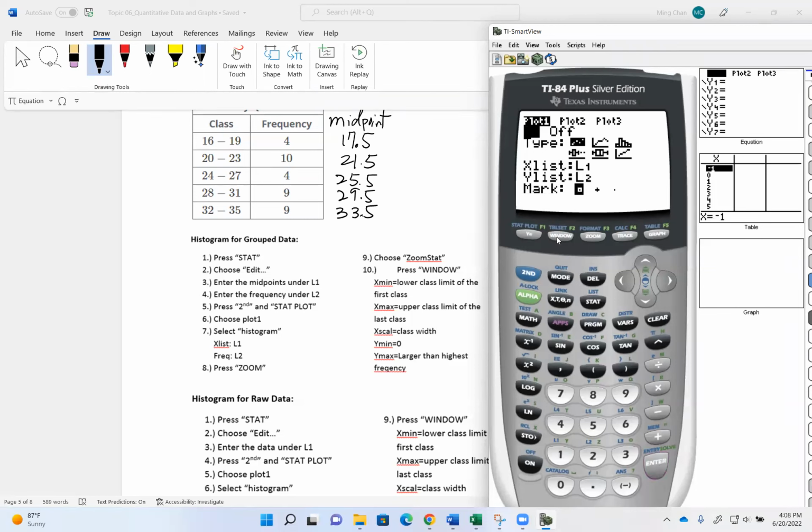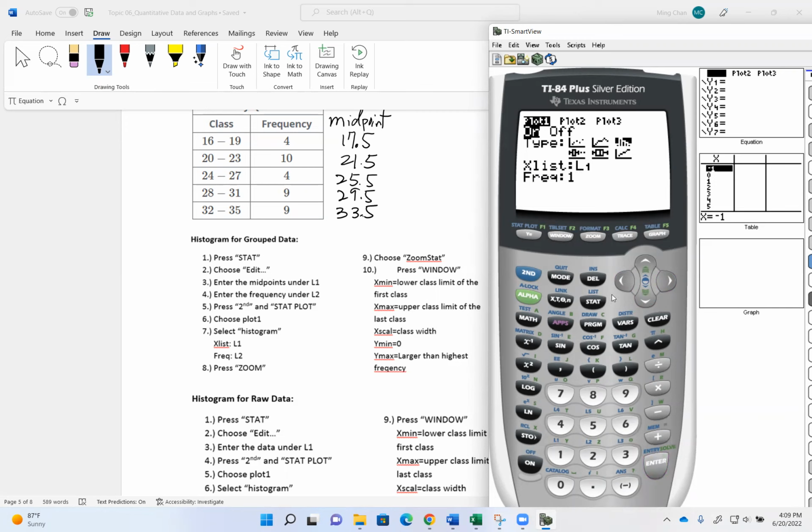If you press enter again, you turn it off. I'm going to turn plot 1 on and select the histogram. Histogram is this third picture. I come down and press enter, highlight that, press enter.